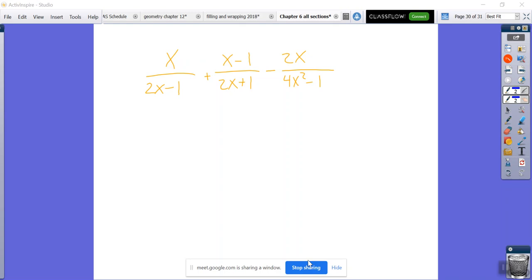All right, so the first thing we want to do is factor anything that can be factored. So in this problem, what can be factored? Can the third equation's denominator be factored? Yes, I think the third fraction's denominator can be factored. So what kind of special case quadratic is 4x squared minus 1?